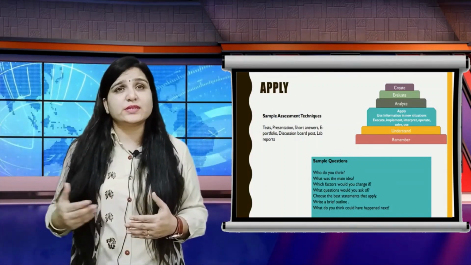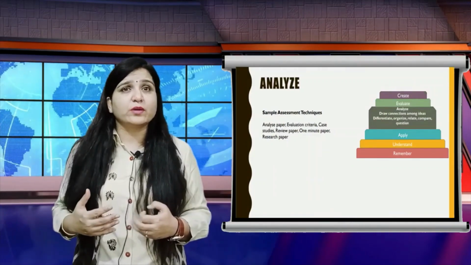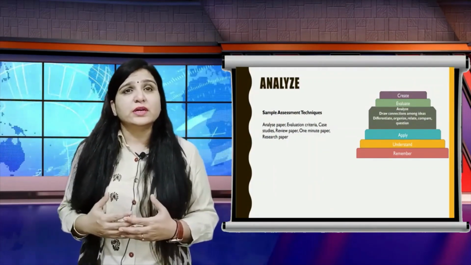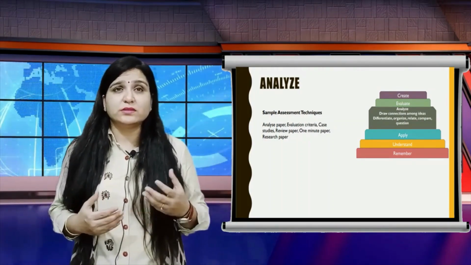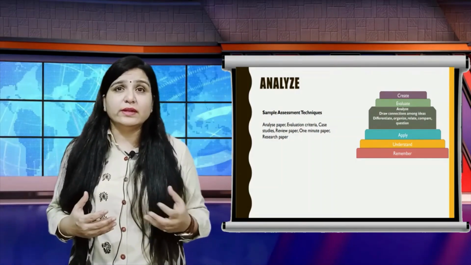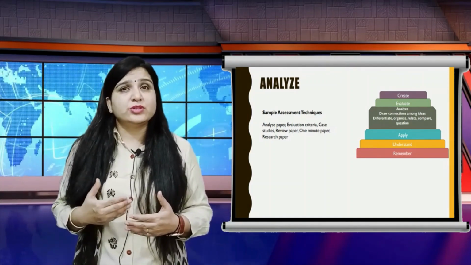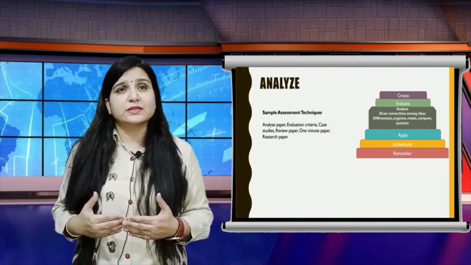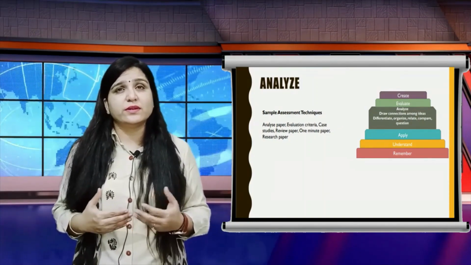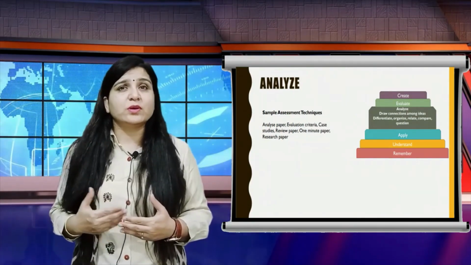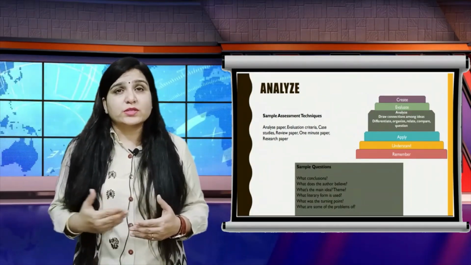Now let us move to the next level, that is analyze. Here the teacher is required to check the analytical abilities of the students, such as whether a student is able to draw connections among ideas, differentiate, organize, relate, compare or question, etc. To check these abilities, the teacher can use assessment techniques such as analyzing a paper, evaluation criteria, case studies, review paper, one-minute paper or research paper, etc. The questions for this level can be framed as: What is the conclusion?